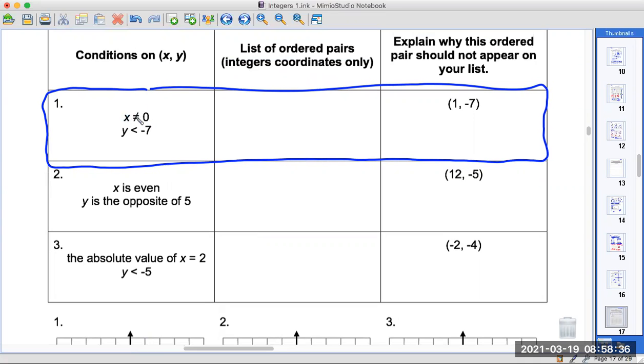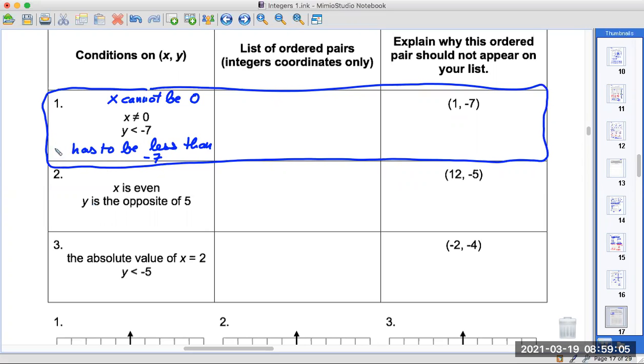So the rule is x cannot be 0, and y has to be less than negative 7. It cannot be equal to negative 7, it has to be less than negative 7. All right, so that's the rule for your coordinates.